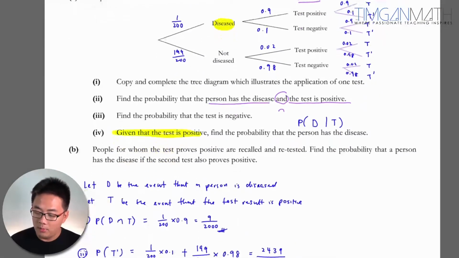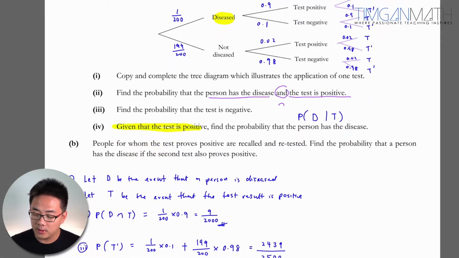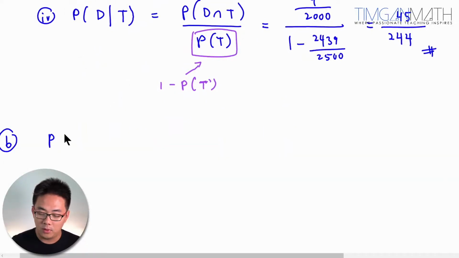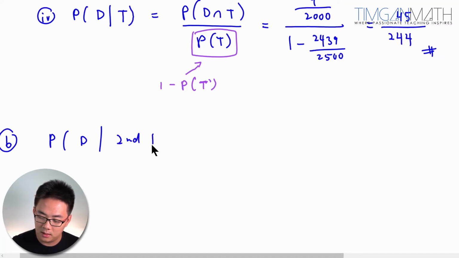Okay, now people for whom the test proves positive are recalled and retested. Find the probability that a person has the disease if the second test also proves positive. So basically, find the probability that the person is diseased given that the second test is positive.